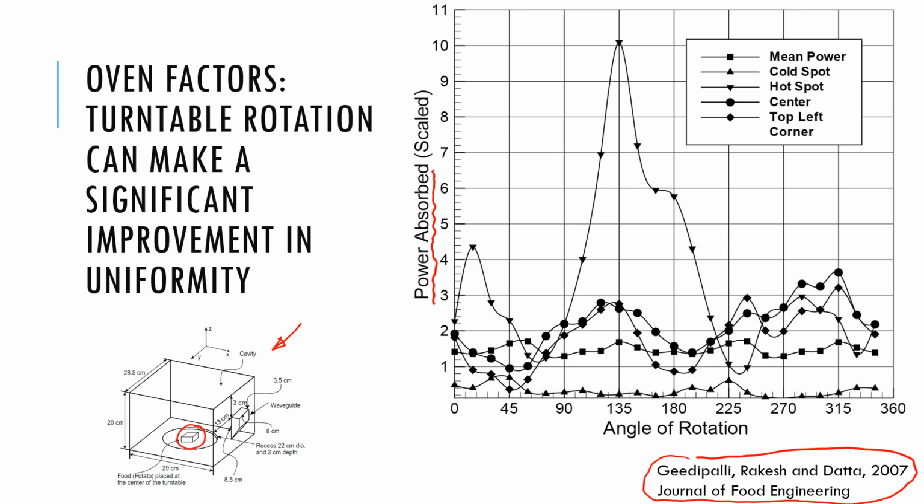The x-axis is the various orientations of the turntable. In other words, we do a full electromagnetic simulation at one orientation of the turntable, then we move the turntable and the food, and we do another electromagnetic simulation.